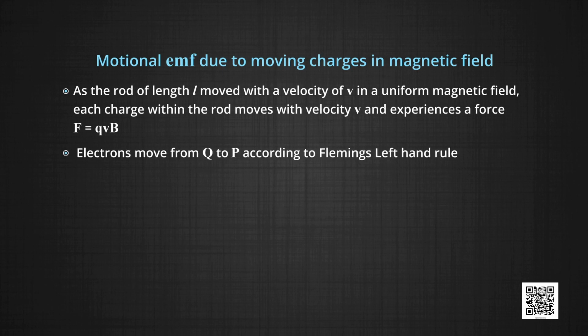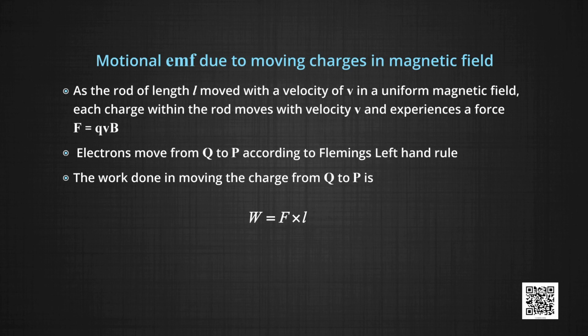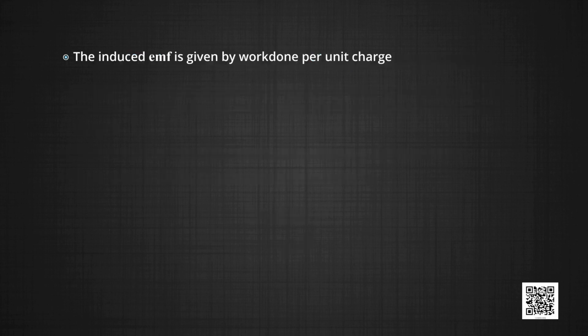Electrons move from Q to P according to Fleming's left-hand rule. The work done in moving the charge from Q to P is given by work done equal to force into displacement, which will be equal to QVB into L. The induced EMF is given by work done per unit charge.